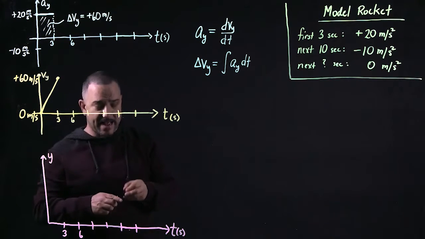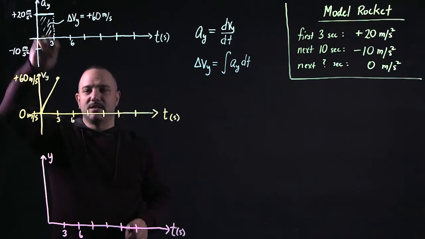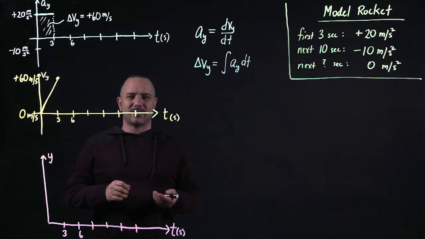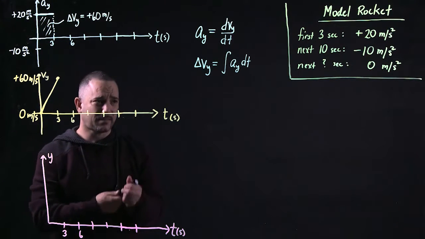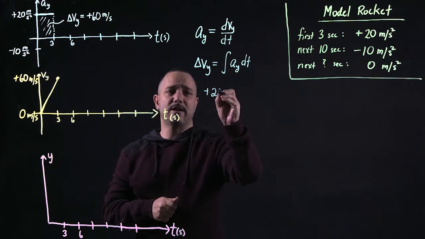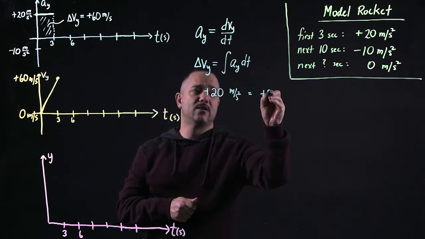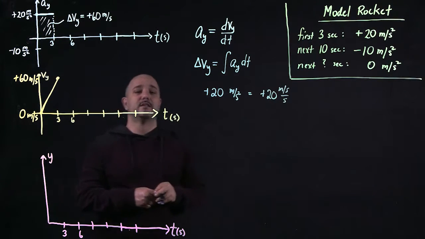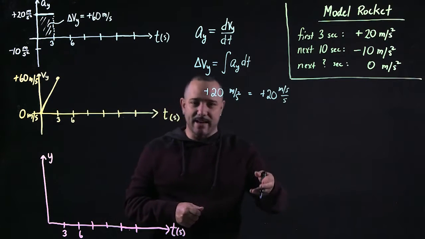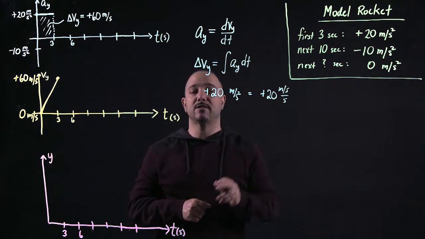Another way to think about that is when you look at acceleration as these funny units, a meter per second squared, what is a square second? Another way to really think about that is when we say the acceleration is 20 meters per second squared, I like to think of that as 20 meters per second, per second. In other words, after every second, the velocity changes by plus 20 meters per second.